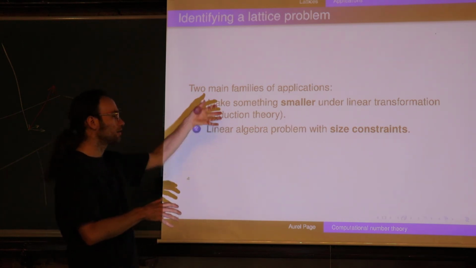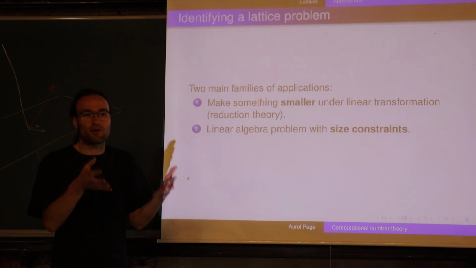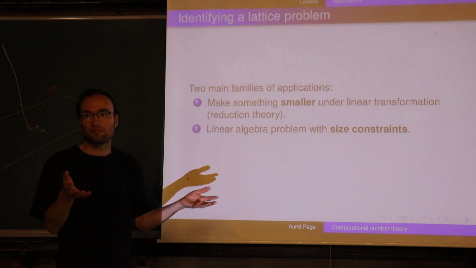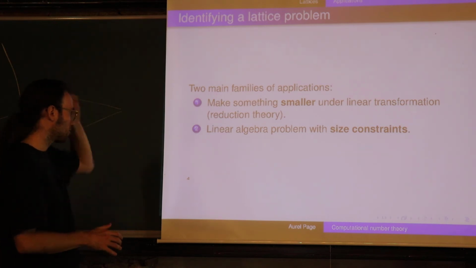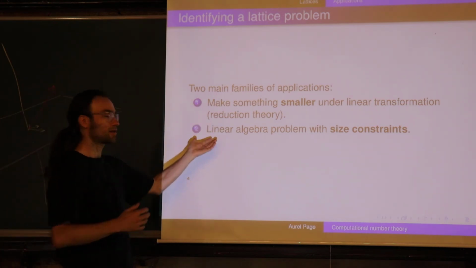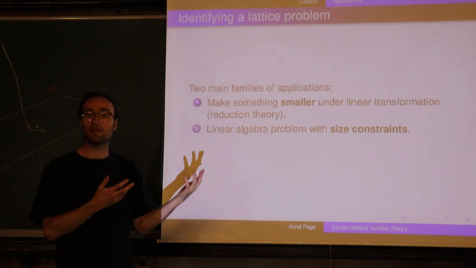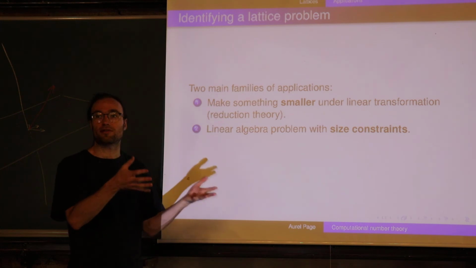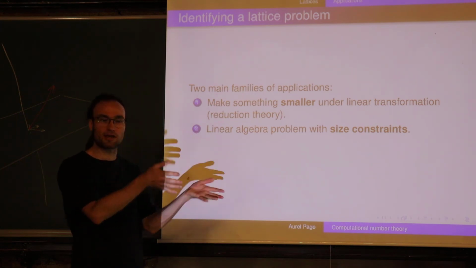And typically here, you don't have a precise constraint on how much smaller you want it, you just want it reasonably small. And another type of problem is something that you would identify as linear algebra, like in the first part, but you have size constraints. Some sizes are imposed.